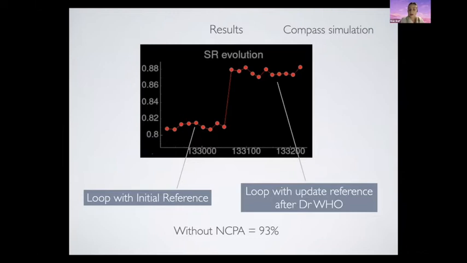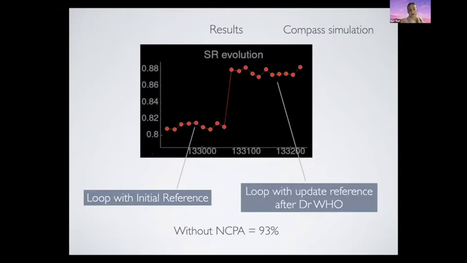I also did some simulations with the COMPASS simulator. Without NCPA, I have a 93% Strehl ratio, and I add a lot of NCPA that drops the Strehl ratio to 81%. Here on the left-hand side, that's the red dot that you can see.